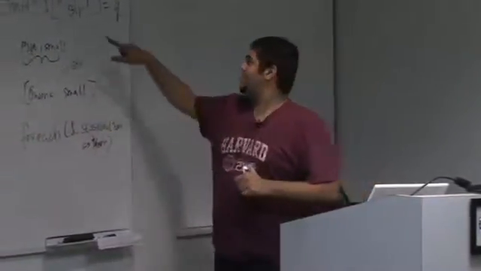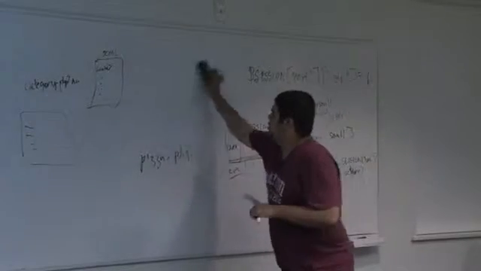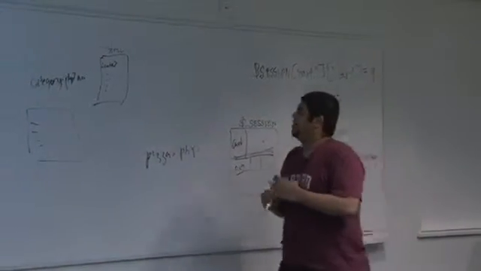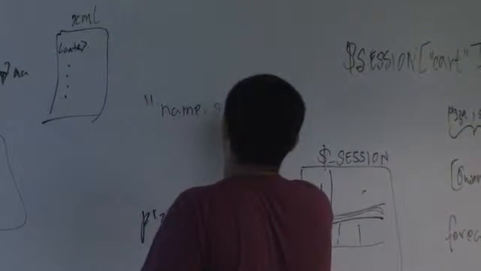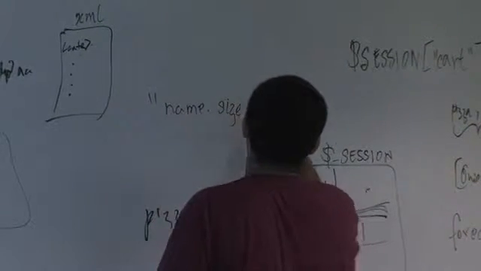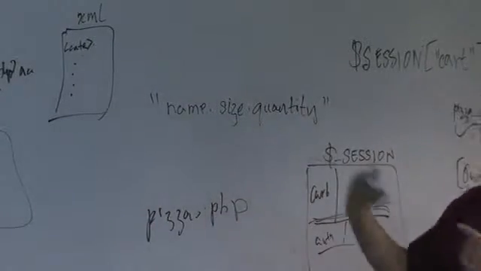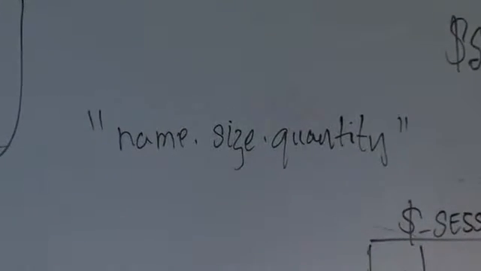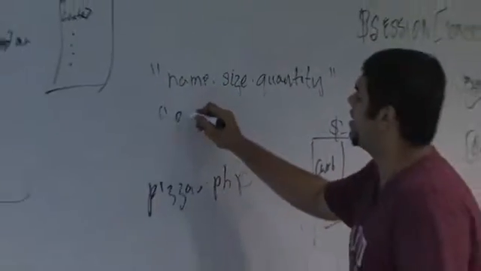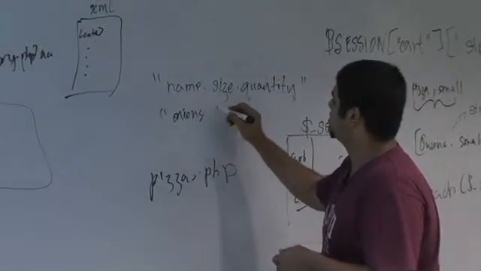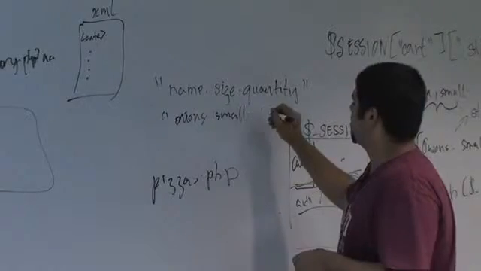So that's the advantage of storing it in this form. Another option is to serialize it when people submit it. When people add to their cart, you can serialize it in the form of name, size, quantity. This is another perfectly valid way to do it. So if I add 3 onion pizzas, you can say onions small 3.